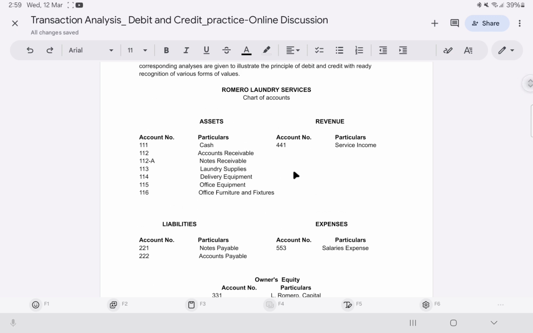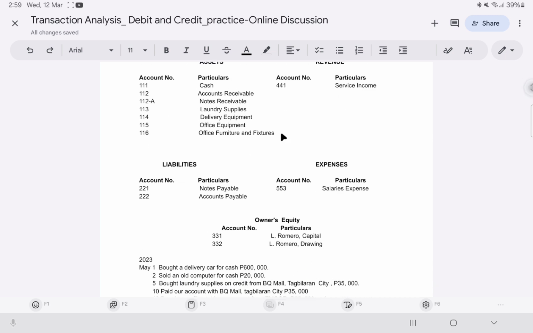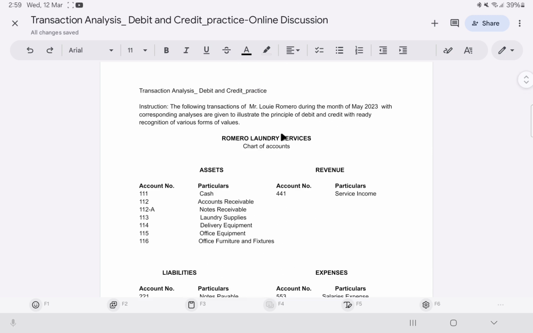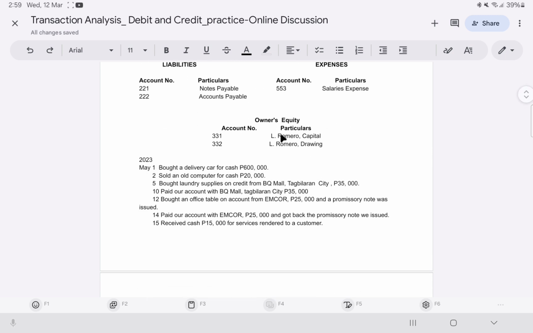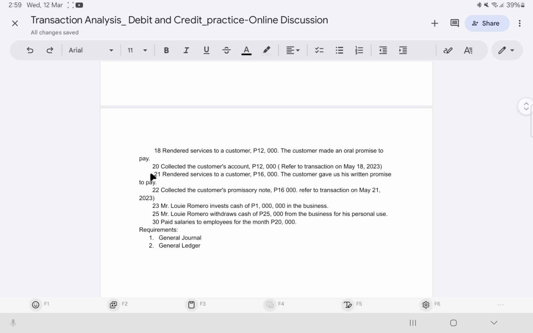Okay, so the first thing to do is look at the general journal wherein you are done recording all the transactions from May 1 to May 30.